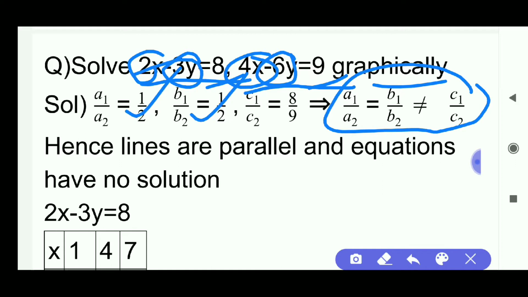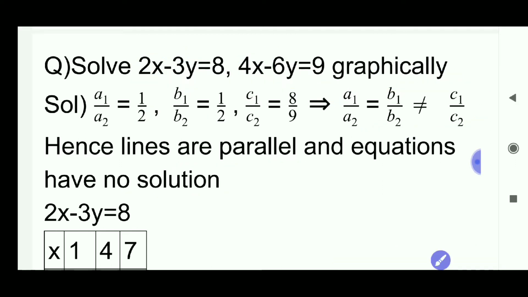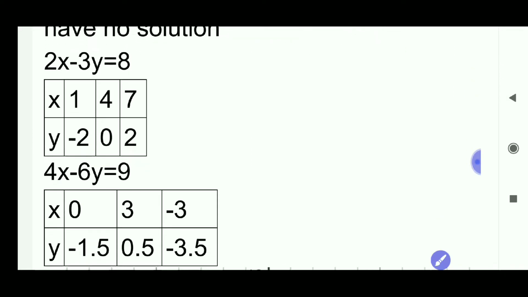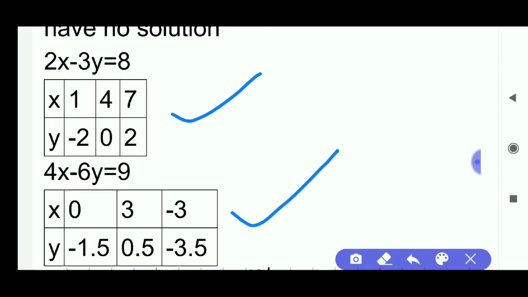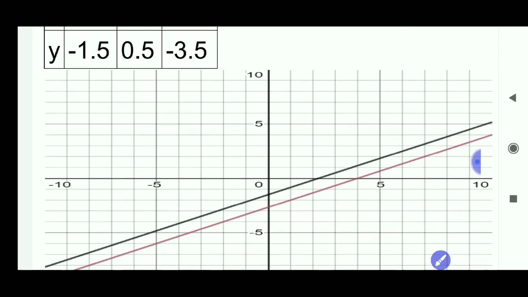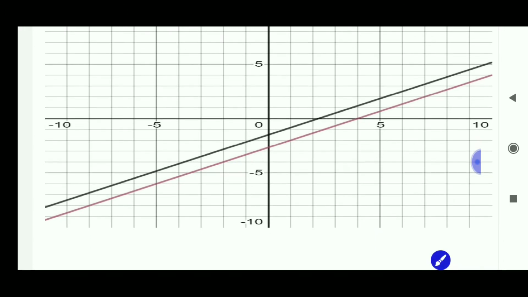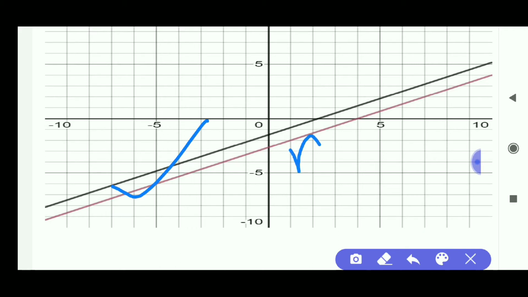Hence, the lines are parallel and the equations have no solution. Now, prepare the table for the first equation. At the same time, for the second equation also, plot the points on the graph. You can observe that you will get two parallel lines. They are not intersecting. So, the linear equations will not have a solution.